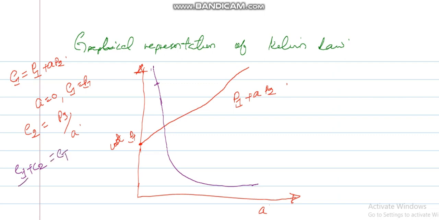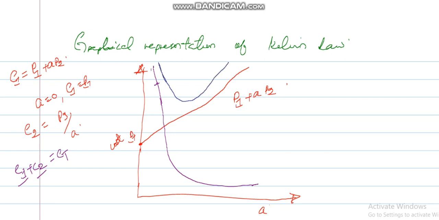Sasa uchukue C1 plus C2. Kwa hiyo tuna graph ya C1 ambayo ni hii hapa, tuna graph ya C2. Ukihesabu hizi graph mbili utapata graph namna hii. Sasa tu represent na rangi nyingine. Take this one. Sum the two graphs, unapata graph namna hii.